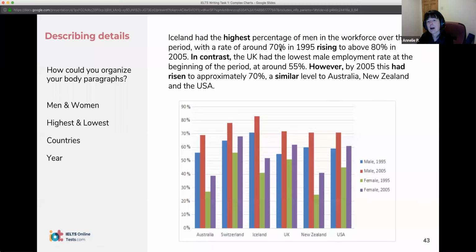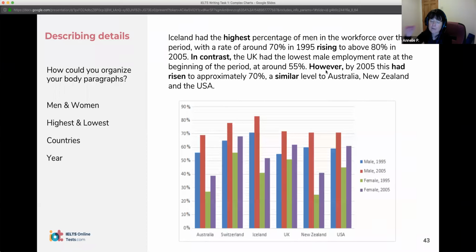So if we look at how we've organized this, we've talked about the highest percentage, we've talked about the lowest percentage, and we've talked about how those two have moved between the 2 years. And then the ones in the middle, we have just mentioned those at the end, and we've put them together as a group, okay?